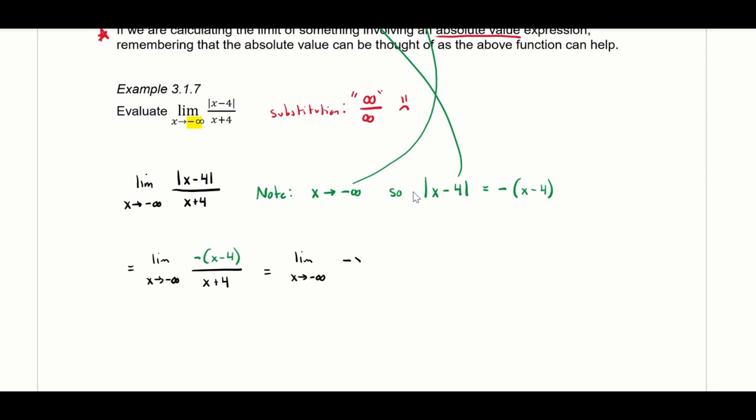That's going to give me negative x plus 4 on my numerator divided by x plus 4. And you can leave it like this. I don't like to have a negative term in the front if I can avoid it, so I'm just going to rewrite this as 4 minus x, just to make that numerator look a little nicer, over x plus 4.